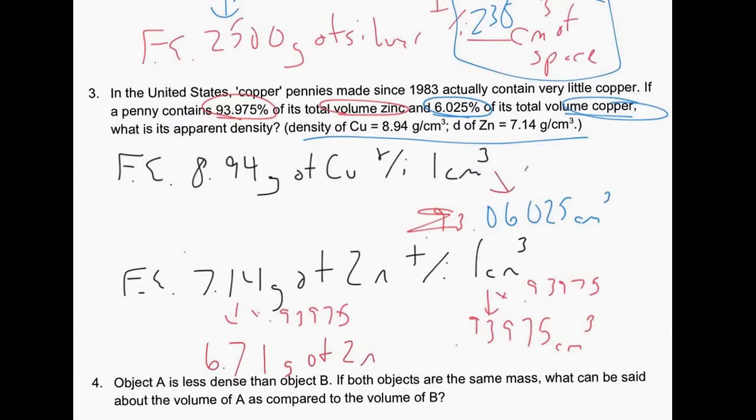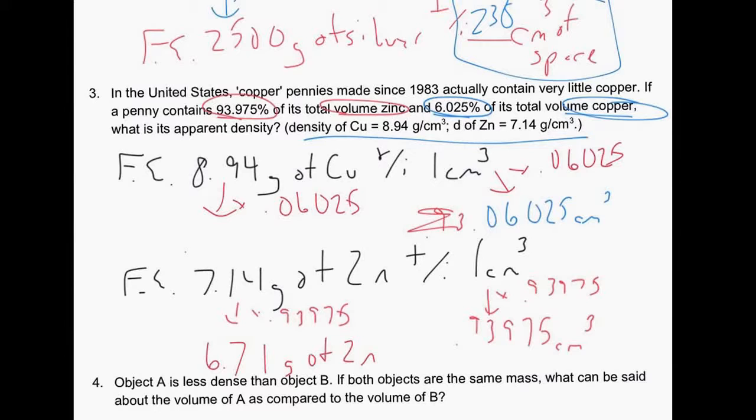So this will be 8.94 times 0.06025, and that is 0.539 grams.